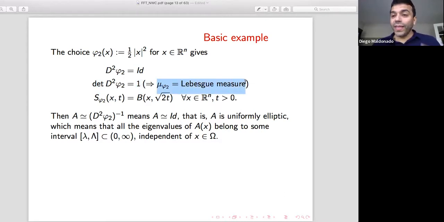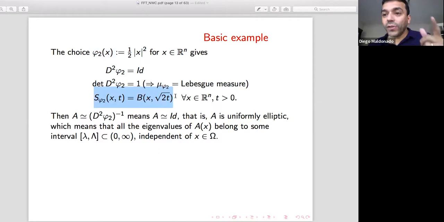Therefore, the Monge-Ampere measure associated to this paraboloid is just Lebesgue measure. And a brief computation shows that the Monge-Ampere sections, the sets you get when you chop off this paraboloid, are balls. The sections of this paraboloid are just Euclidean balls with a certain scaling, with a square root, because of that square over there.